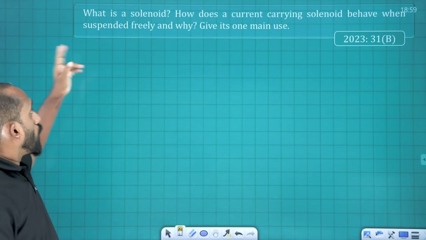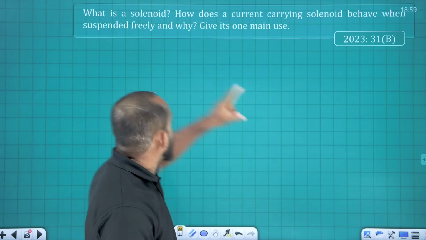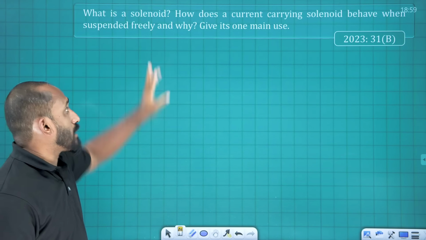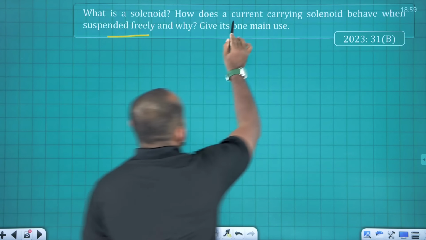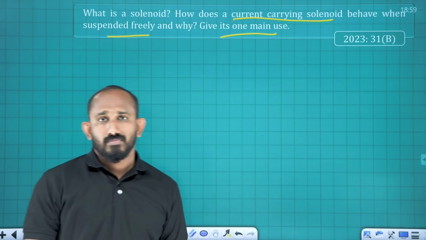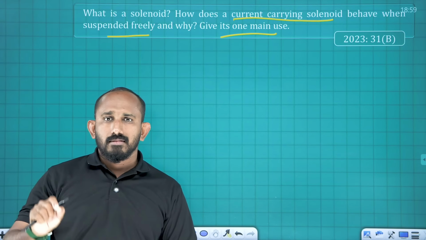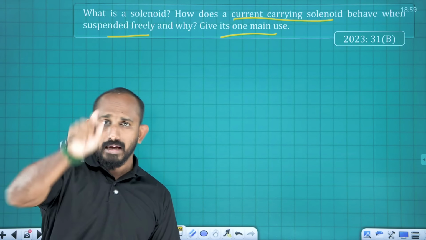Another set. What is a solenoid? How does a current carrying solenoid behave when suspended freely and why? See, that's another add-up. Give its one main use. So when it is freely suspended, if current is passed through it, it acts as a bar magnet. We studied it.